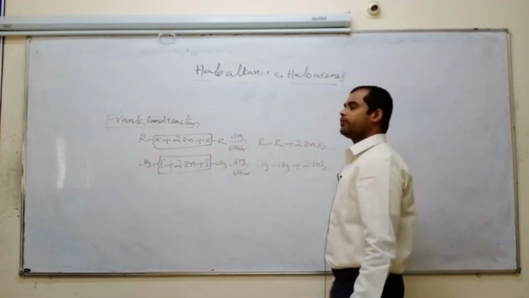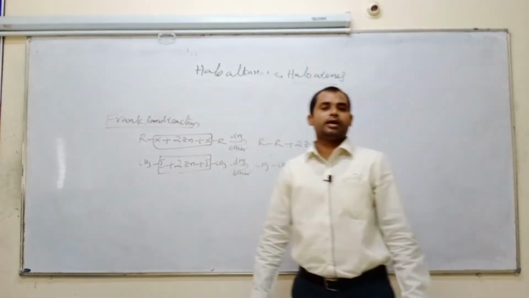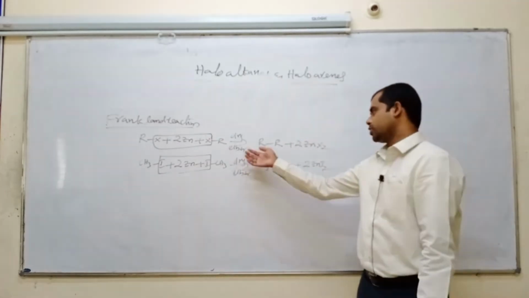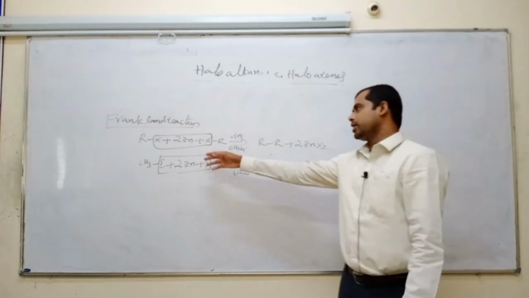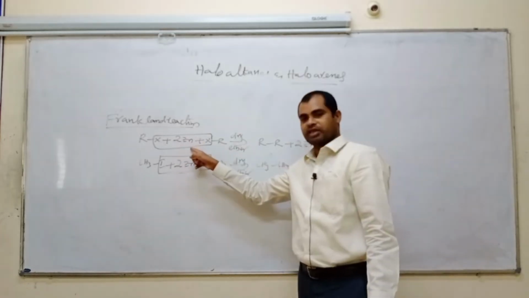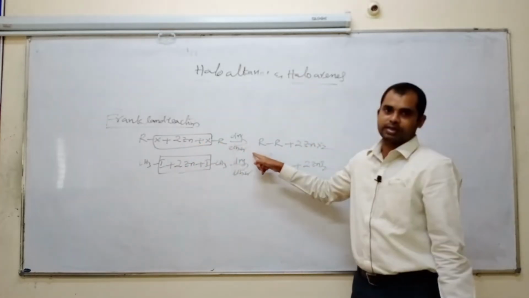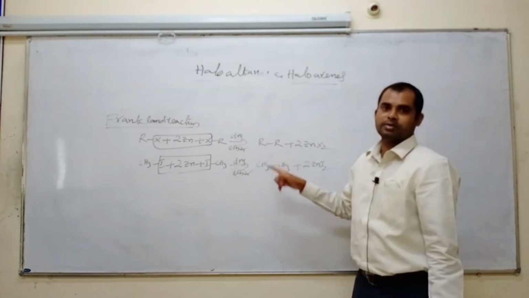This is called the Frankland reaction. How does it prepare symmetrical alkanes? The alkyl halide reacts with zinc metal in the presence of dry ether, and we get the symmetrical alkane.